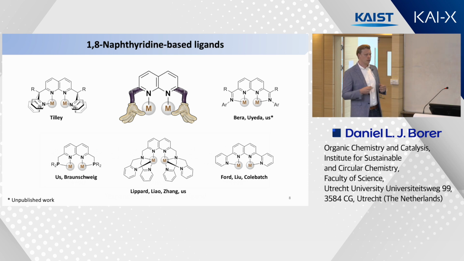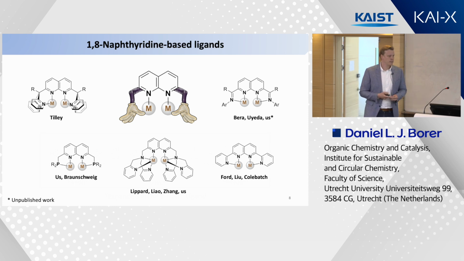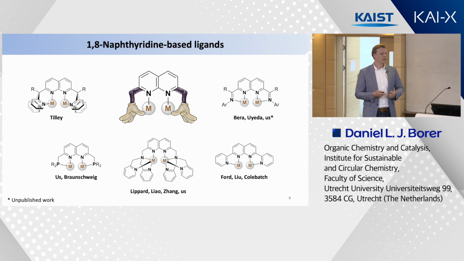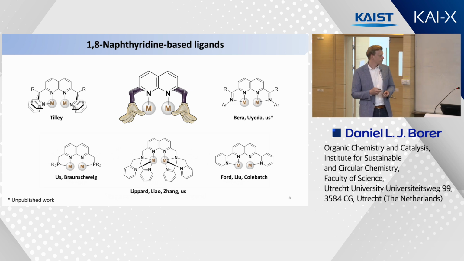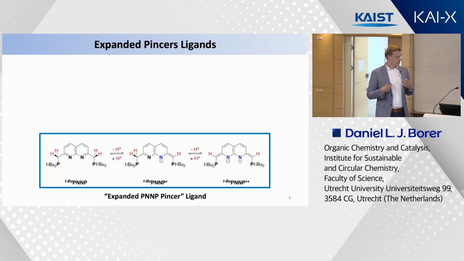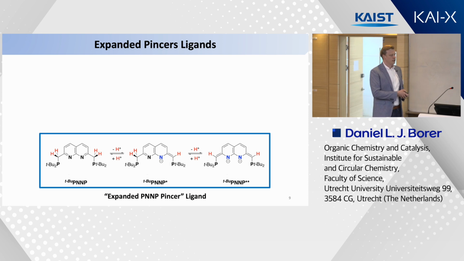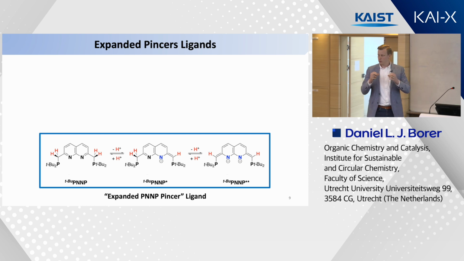Because today I would like to mainly focus on these PNNP expanded pincer ligands that were developed by my group and also recently adopted by the Holger Braunschweig group in Germany. So here you see a key element of these ligands. We call them expanded pincer ligands because they're similar to the classical or normal pincer ligands, but we expanded the binding pocket to accommodate 2 individual metal sites in close proximity.